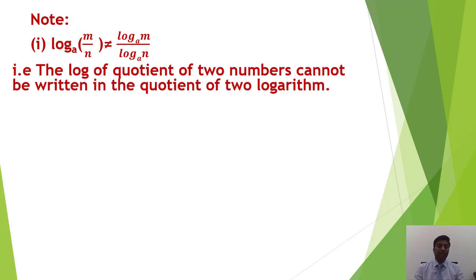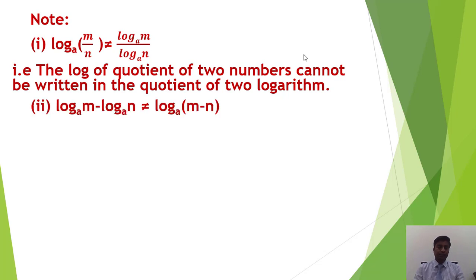Note related to second law of logarithm. Note 1 is log m divided by n to the base a is not equal to log m to the base a divided by log n to the base a. That is, the log of quotient of two numbers cannot be written in the quotient of two logarithms.